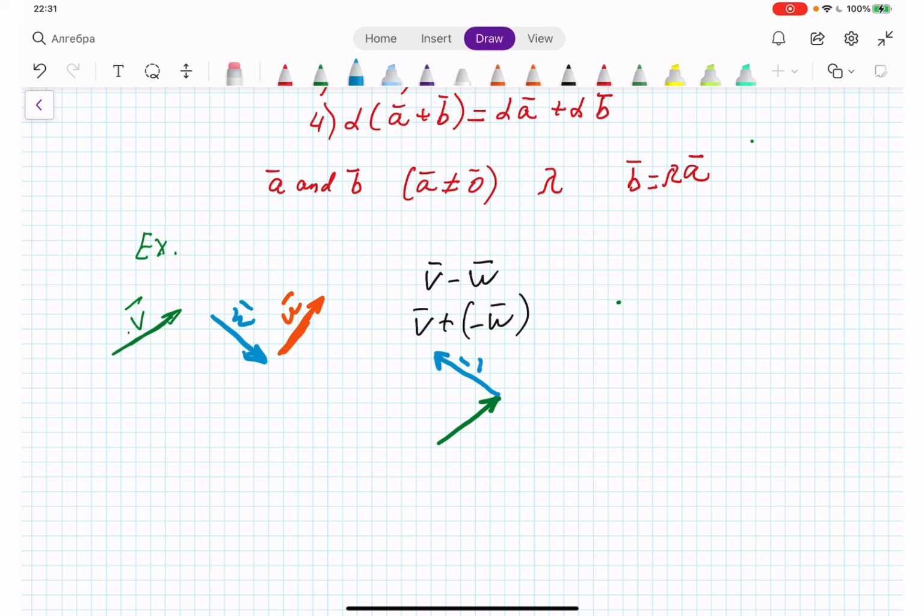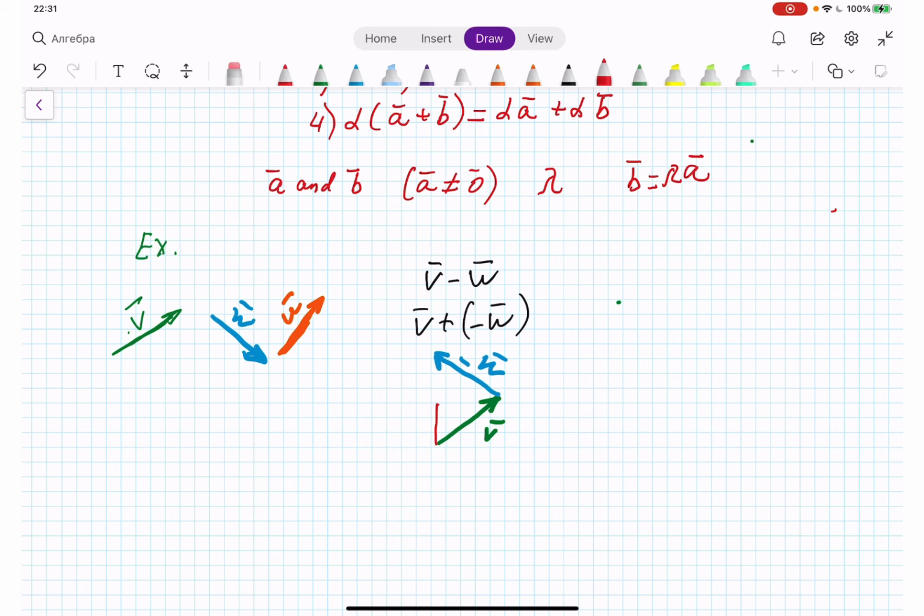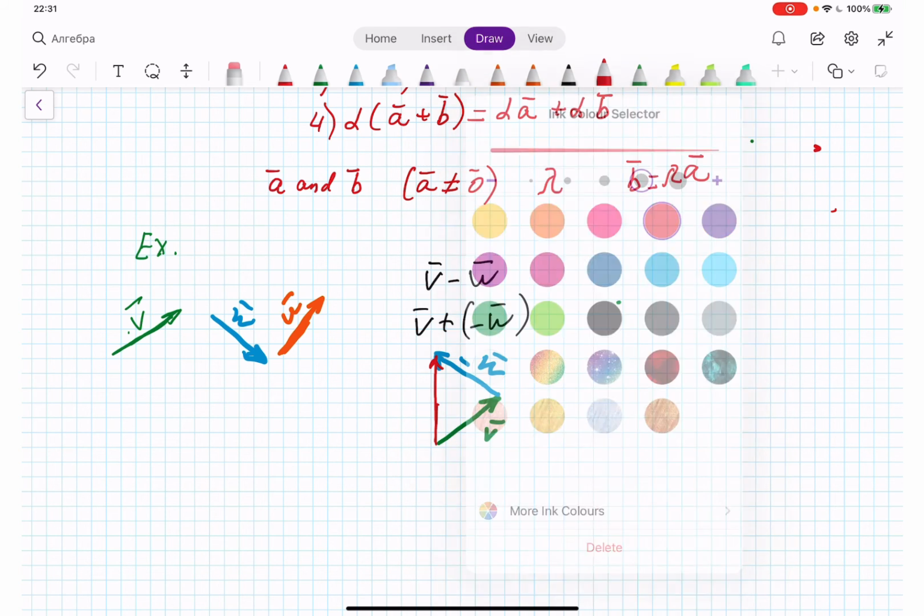This is negative W. This is V. And V minus W is going to connect the beginning of V to the end of the negative W vector.